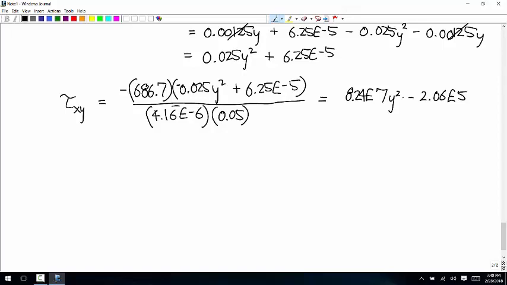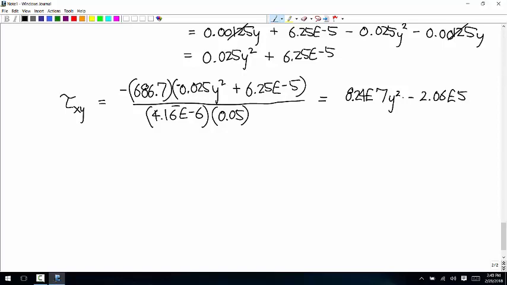Anybody else do it? Match one of those? Someone confirm one of those, and then we can move on. 0.25 times y to the second minus 0.0025. Okay, so far all three of ours are off by a factor of at least 1,000. You got a different power? Oh, nice. Minus, okay, so that's right.